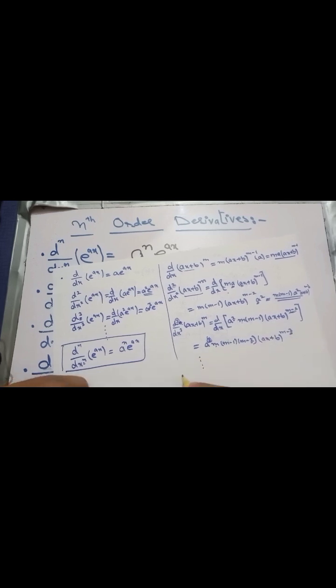So if we see the pattern, we observe that the nth derivative of ax plus b whole power m has the answer a power n instead of a cube, because it is the nth derivative. And we can observe that we start with m, then m minus 1, up to m minus n, and ax plus b power m minus n.